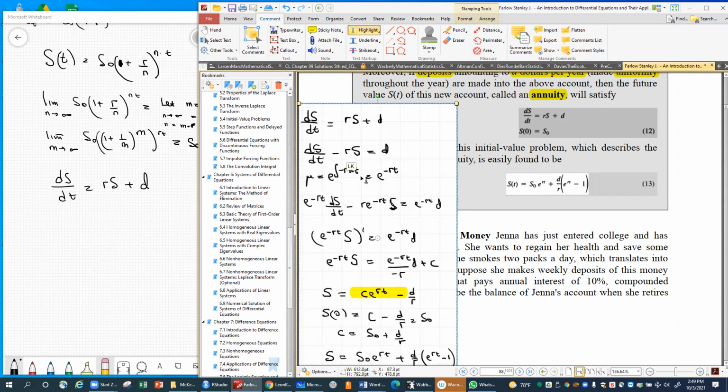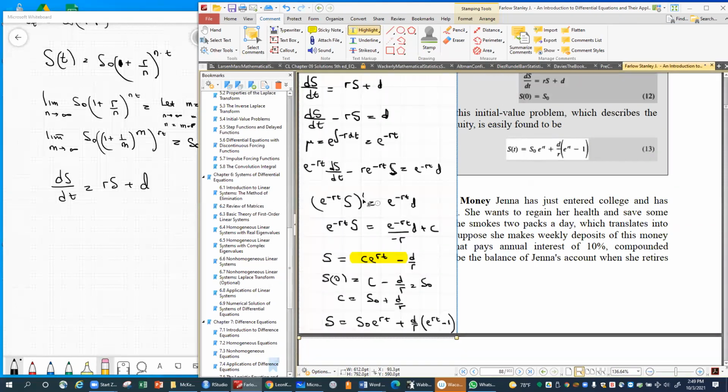Then it's a linear equation with p equal to minus r, so you have e to the minus r dt. So you multiply by e^(-rt) each and every term. This then is e^(-rt) s prime, right? And you have this. Now you integrate. The left side is just undoing the derivative, but on the right side you have to integrate e^(-rt) over minus r.